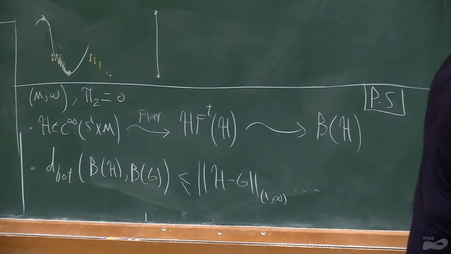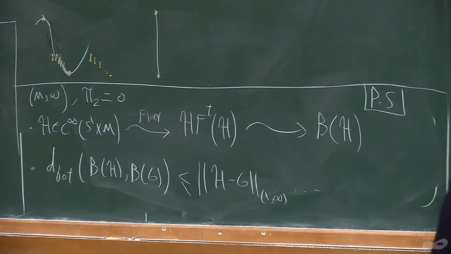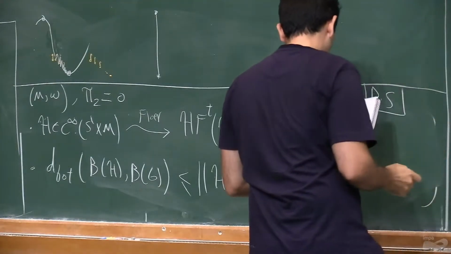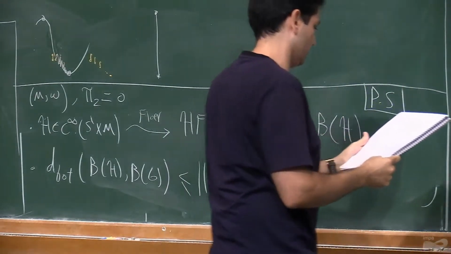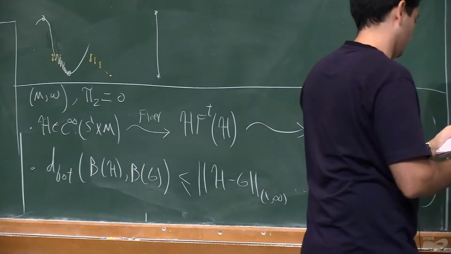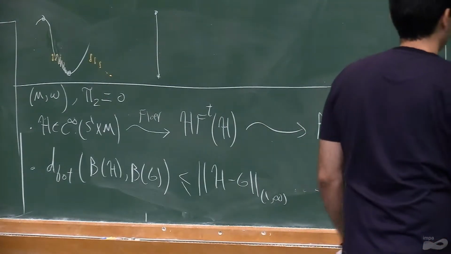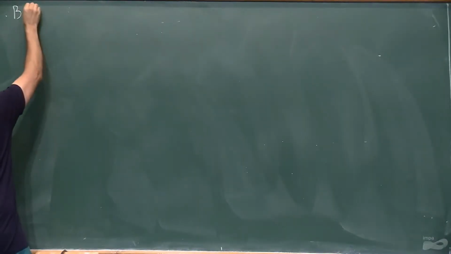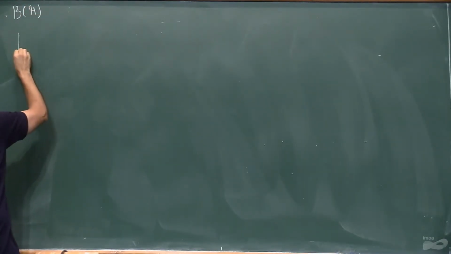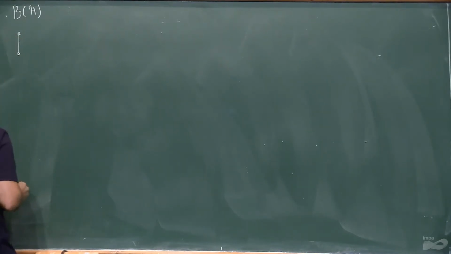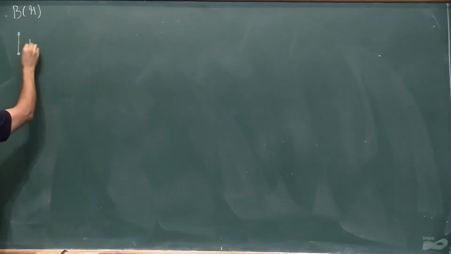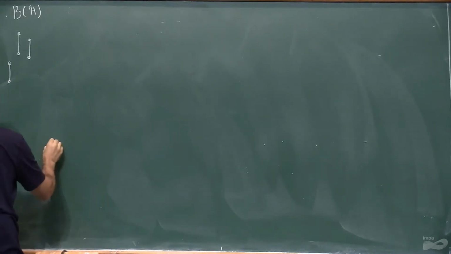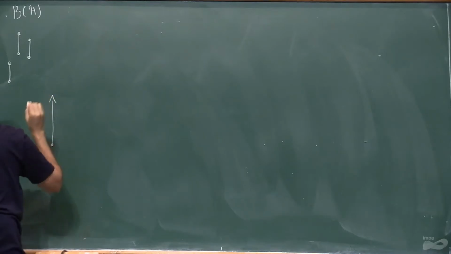So let me draw what a barcode looks like for a Hamiltonian. It's not that different, there could be small differences from the Morse barcodes, but maybe I'll draw one so that I could introduce some more notation. So suppose a barcode for a Hamiltonian could look like this. You could have a bunch of finite bars, which I'll draw here, and then you'll have a number of half-infinite bars.